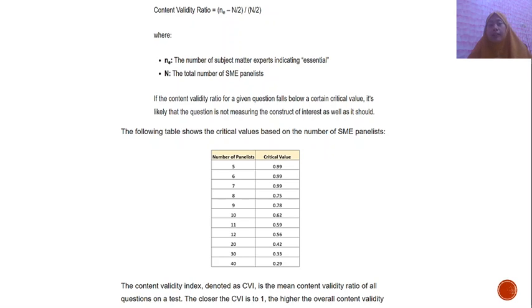Don't worry, the formula is not as complicated as the construct validity one, because what you need is the number of subject matter experts indicating essential for your instrument and the total number of SME panelists. The higher, or the closer the critical value to 1, the higher the overall content validity. As you can see in the table, the appropriate number of panelists is about 5 to 7.